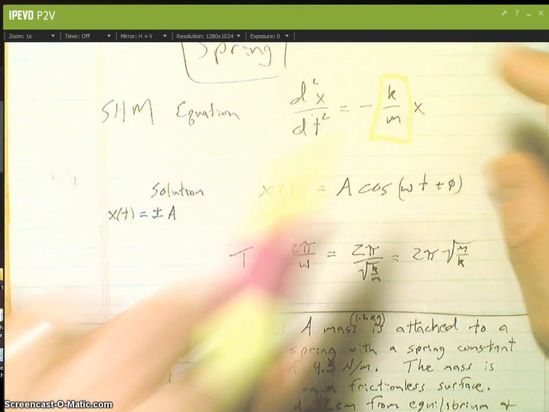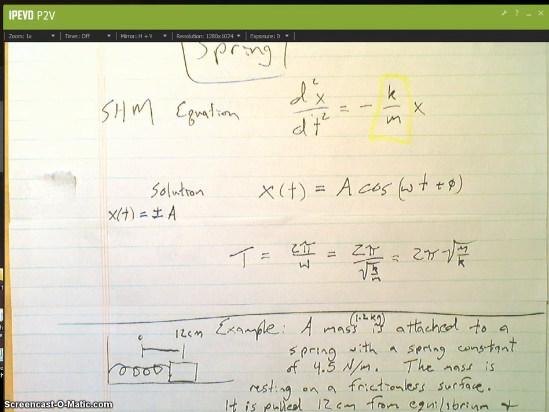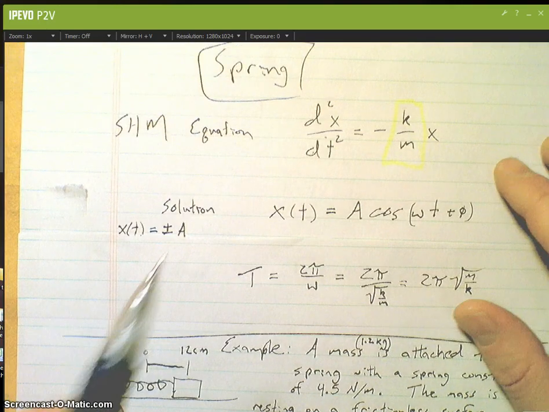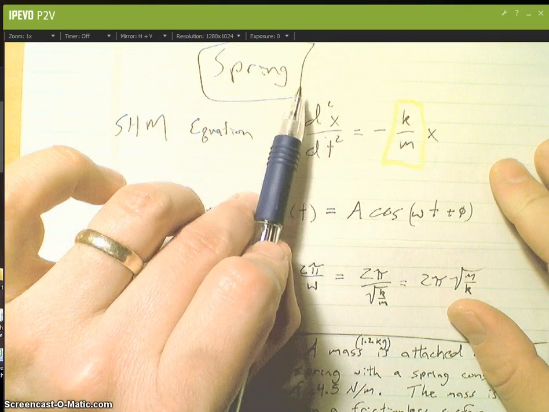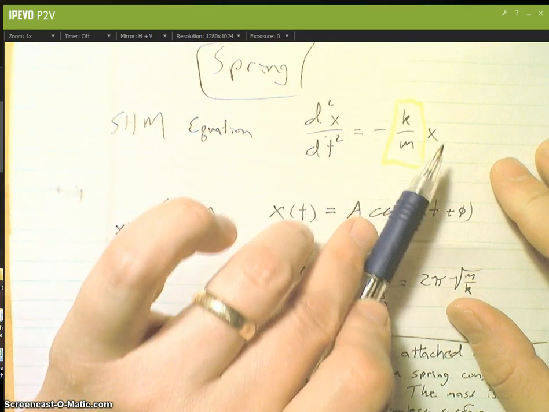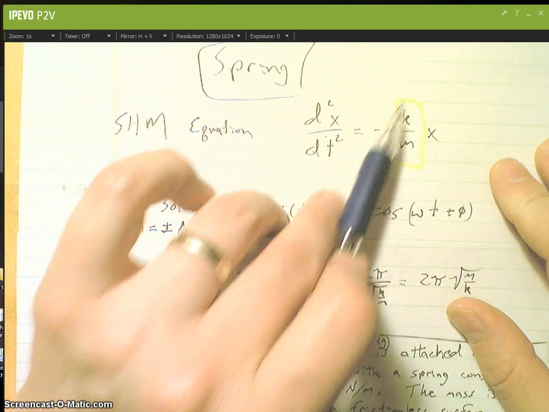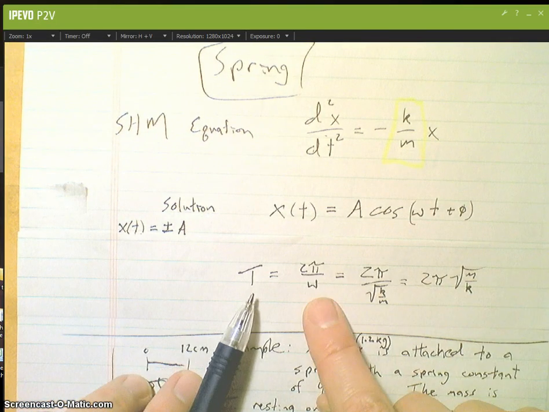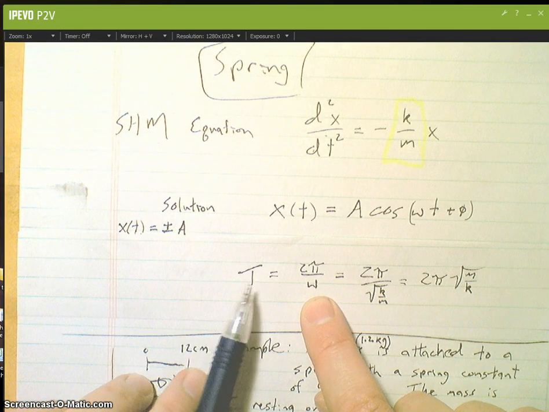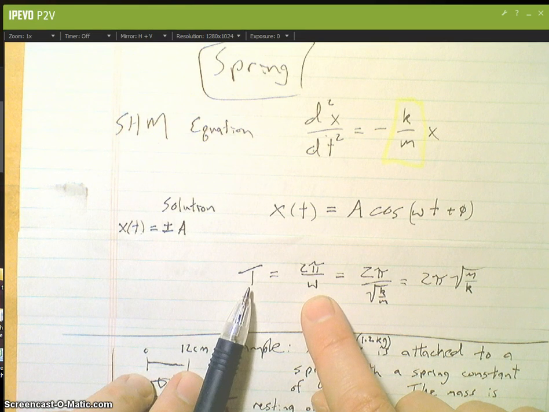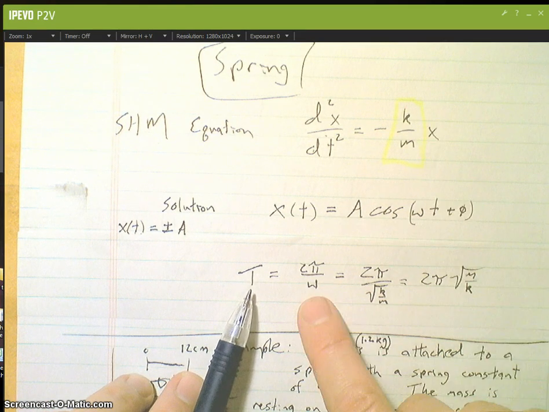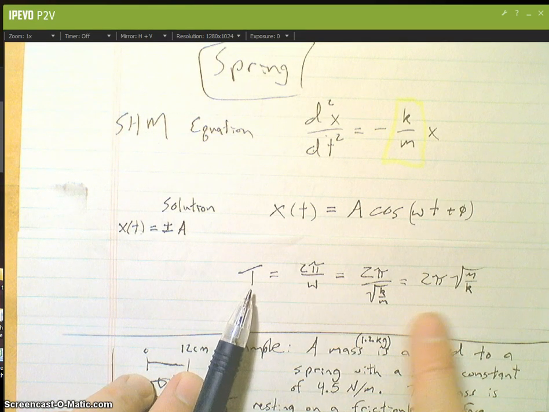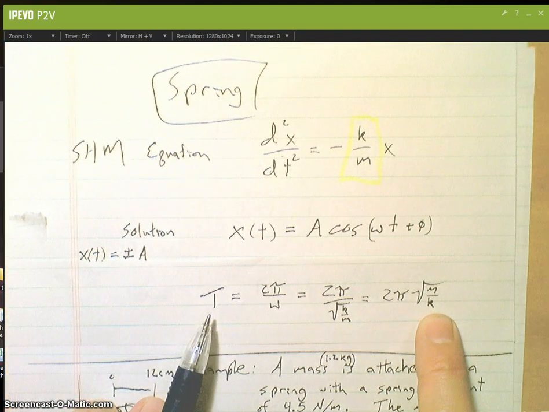So for all future situations, if you can get this equation, you'll know that this is your omega squared, and there's this relationship between period and omega, where you can substitute this stuff in for the omega to get your final equation for the period.